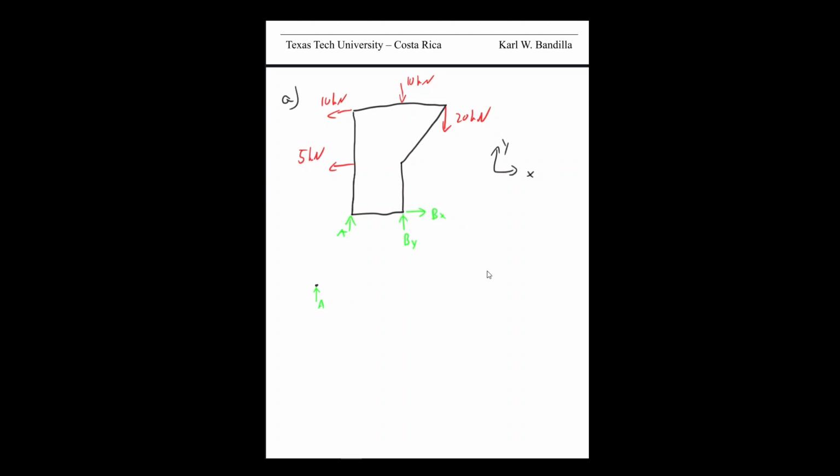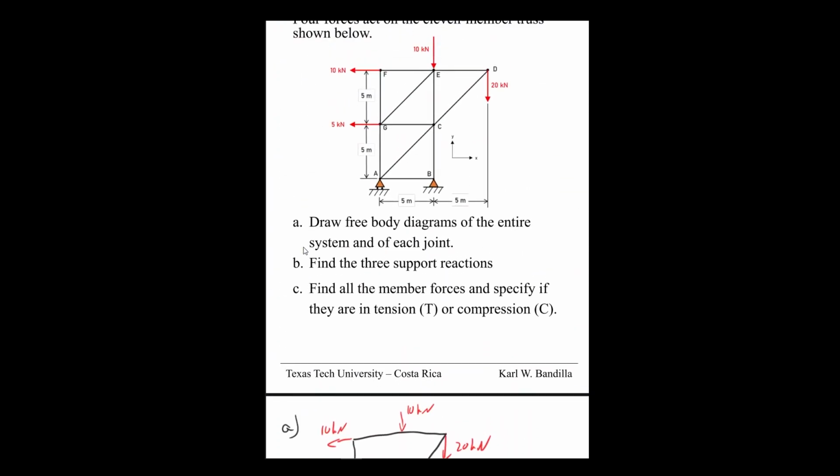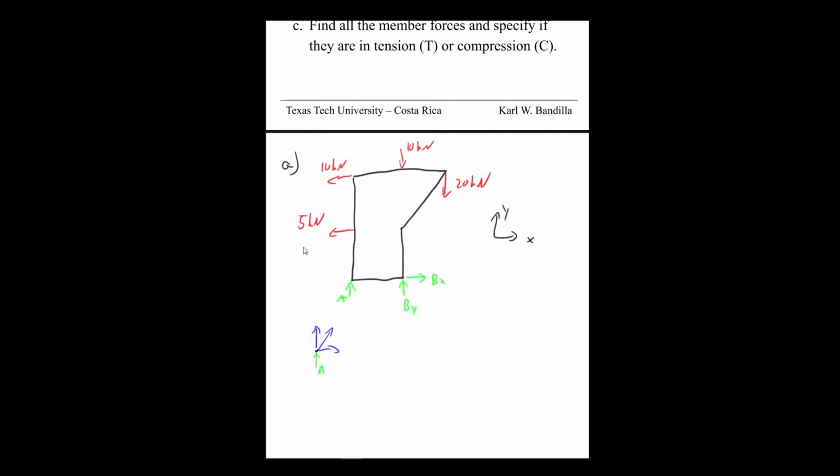And then our member forces, we'll assume that they're all in tension. So this would be FAG, FAC, FAB. And that was point A.